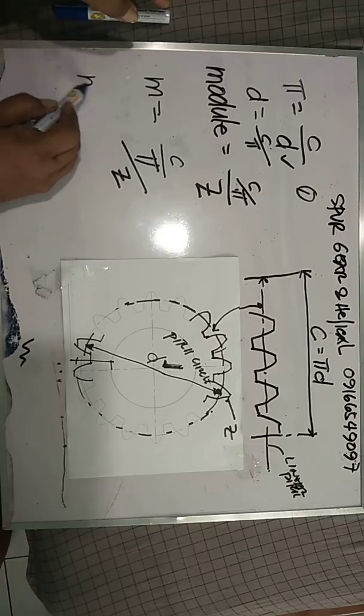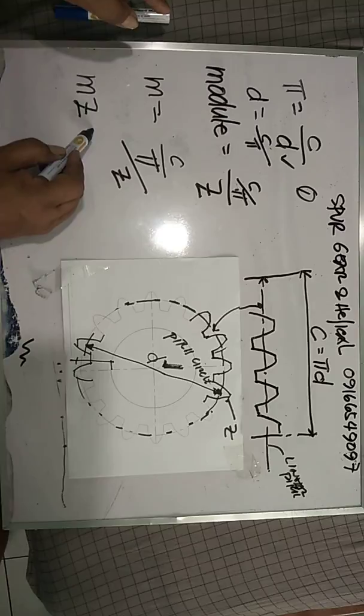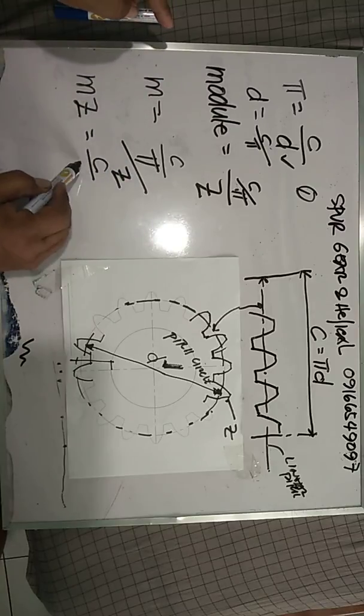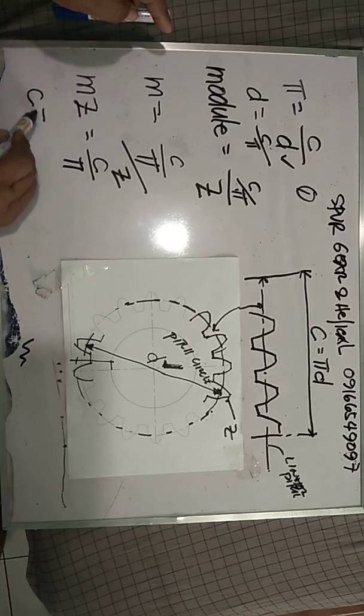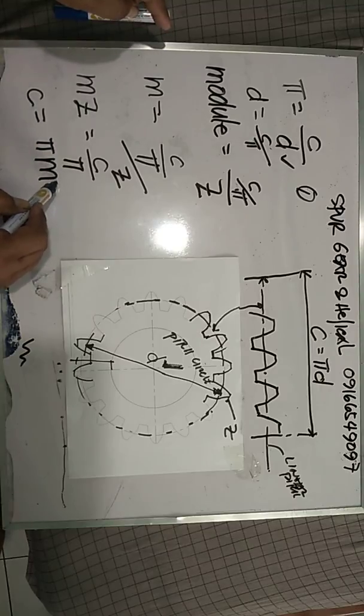So we have module times the number of teeth equal to circumference over pi. So circumference also is equal to pi times module times the number of teeth.